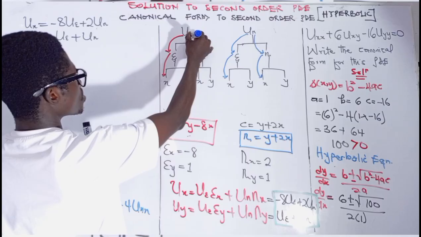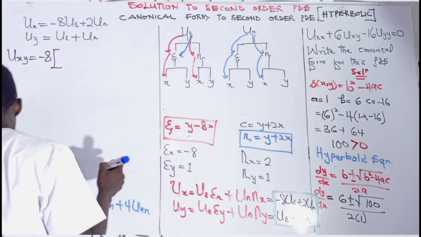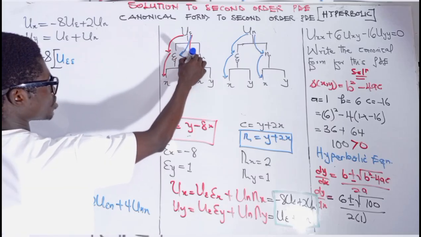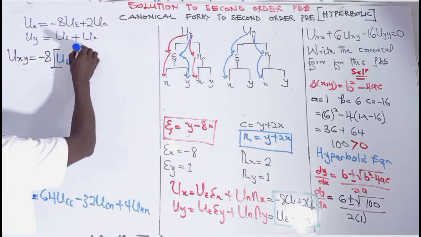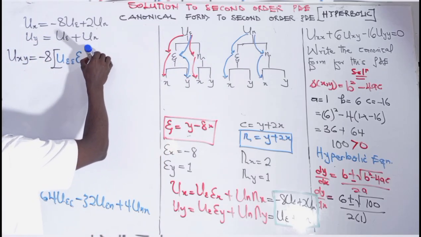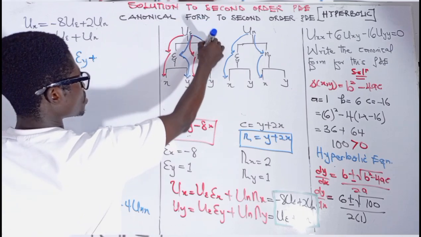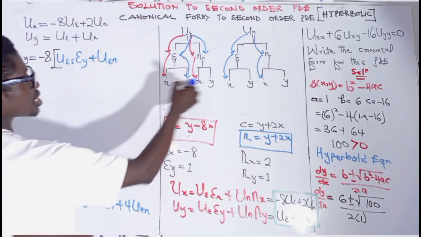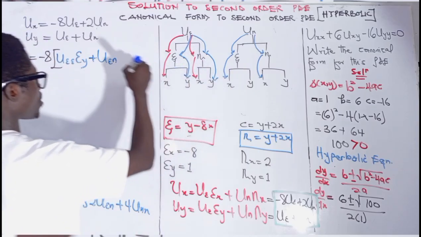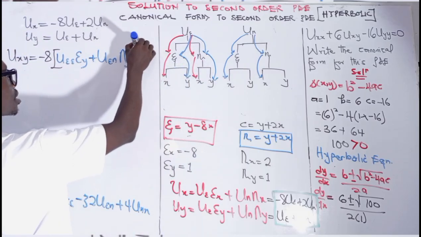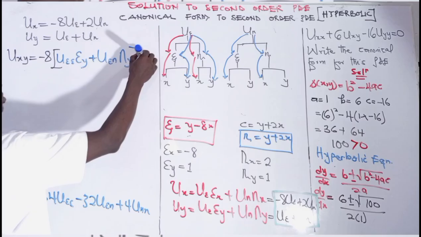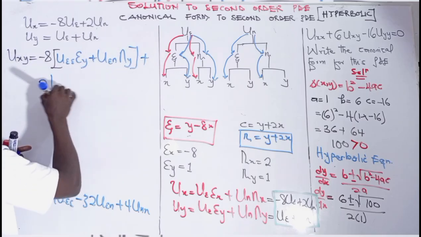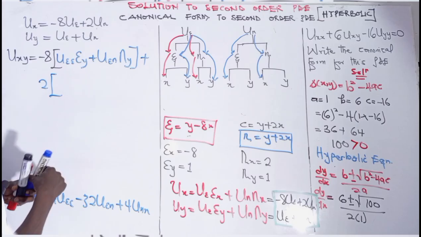So this is u_ξ, and we are going to move to the y column. So we have u_ξξ, then move to the y part, ξ_y. So we have ξ_y. Then we have plus u_ξη, move to the y part, η_y. We have another one here, so 2 u_η.